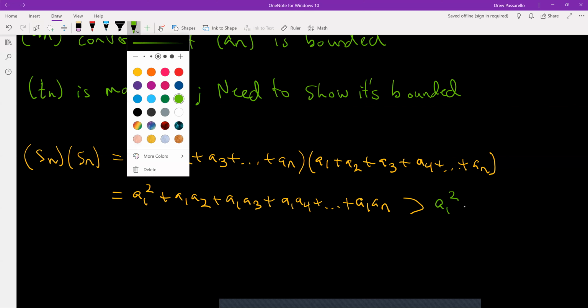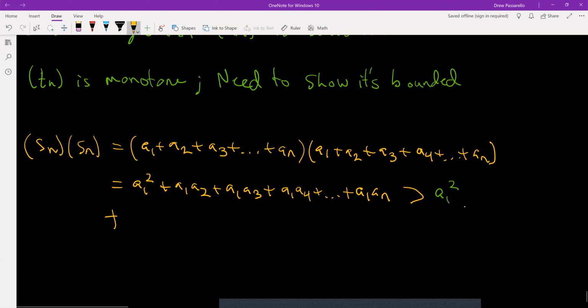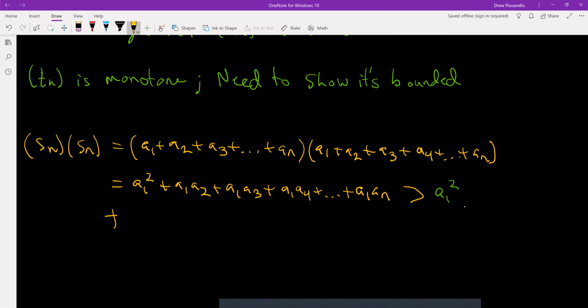So then plus, now if I multiply a2 by all the other terms, that's a2 times a1 plus a2 squared plus a2 a3, a2 a4, and then dot dot dot plus a2 times an.